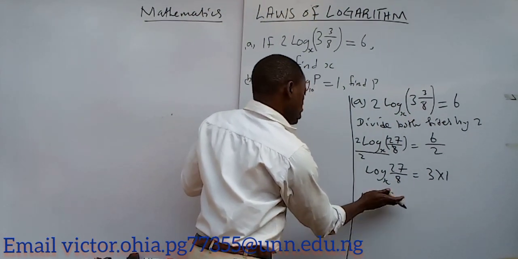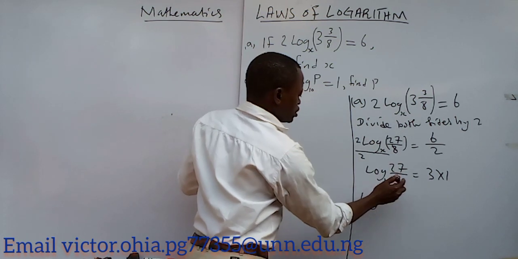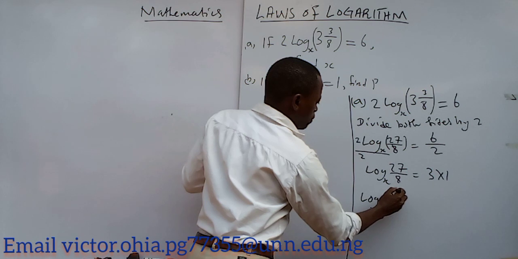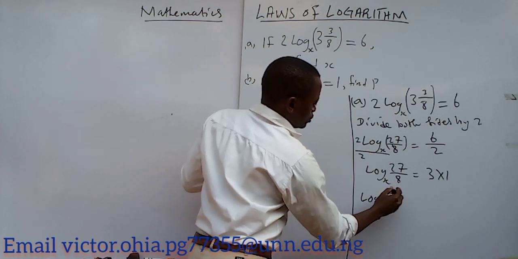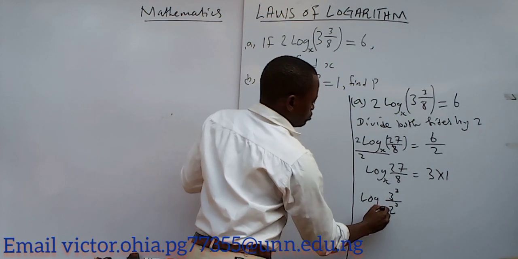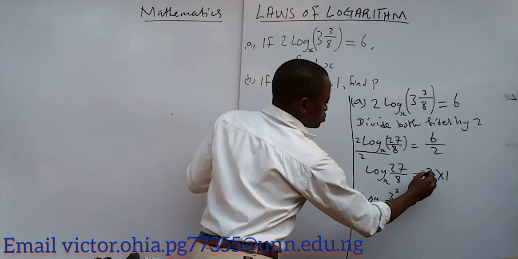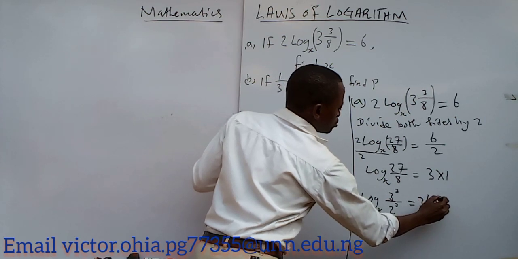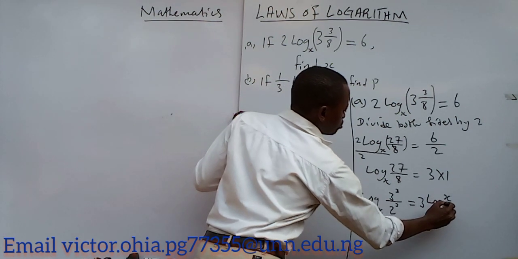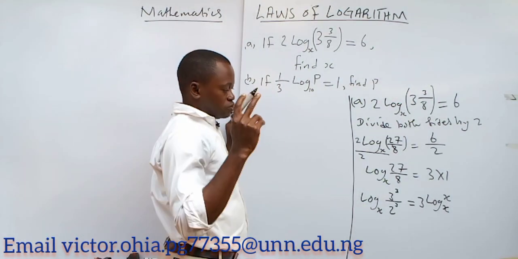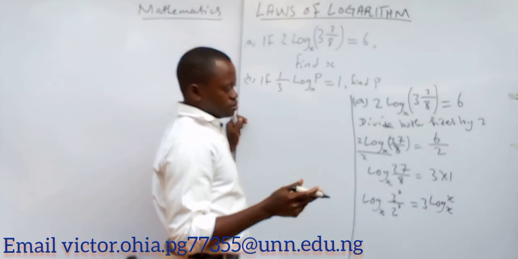Now, permit me again to rewrite 27 as 3 raised to power 3, and 8 as 2 raised to power 3, all in base x. Then this equals 3 log x base x, because log x base x is 1, so that is like 3 times 1.